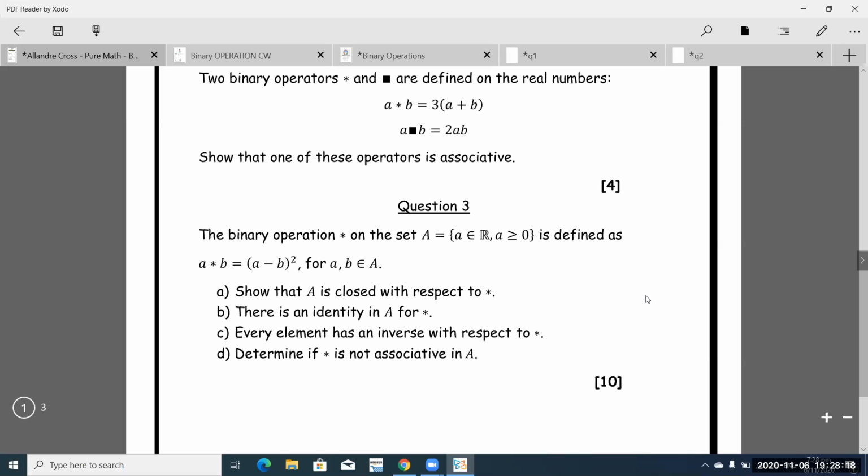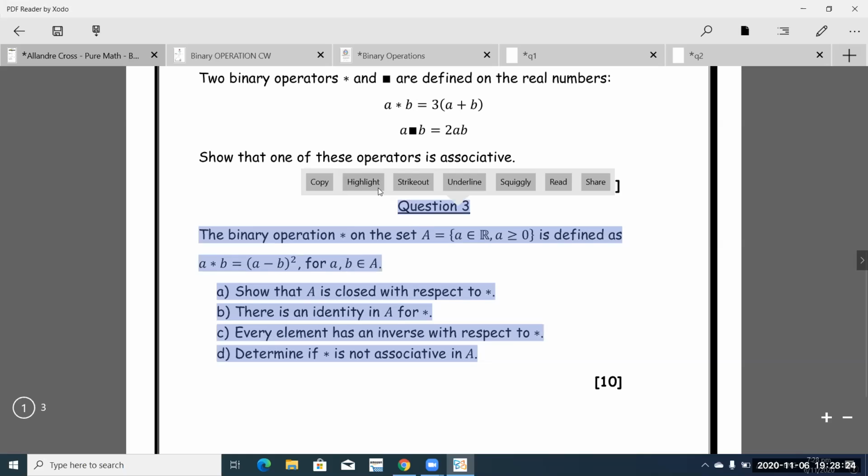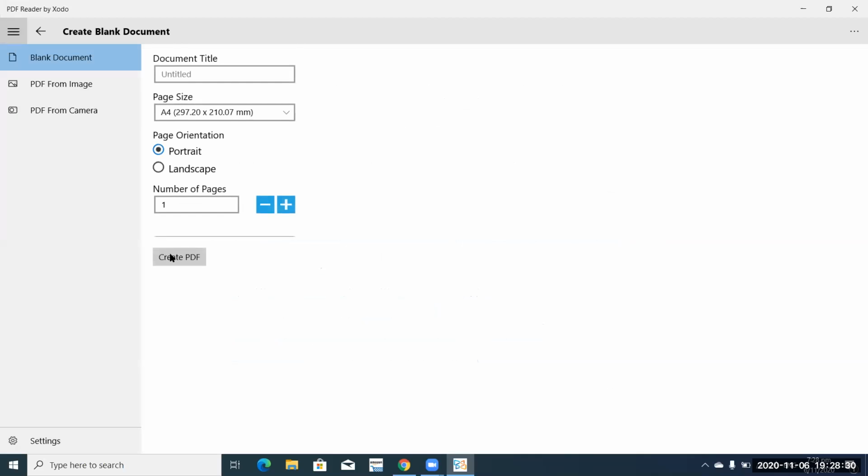All right, so let's tackle this question. This looks fairly easy.